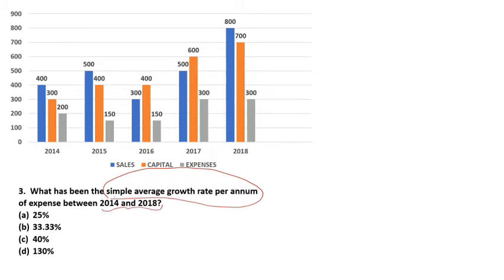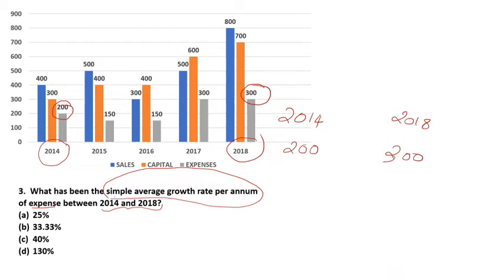So expenses in 2014, the expense was how much? 200. So let us write that first. In 2014, the expense was 200, and in 2018 the expense is 300. So there is a change from 200 to 300.